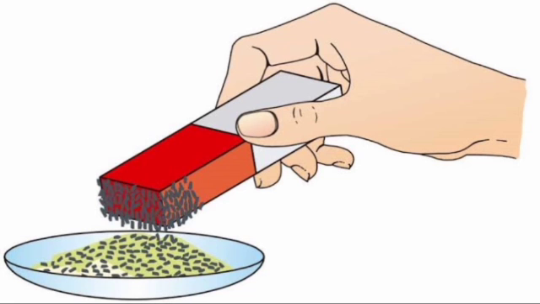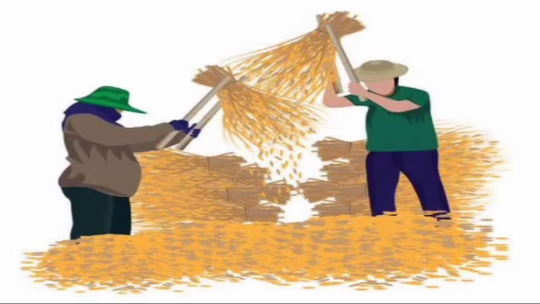And then threshing. Harvesting is the process of collecting crops. Have you ever seen stacks of harvested crops in the field? The next step of harvesting is threshing. It involves separating the grains from the stalks by beating the stalks on a hard surface.